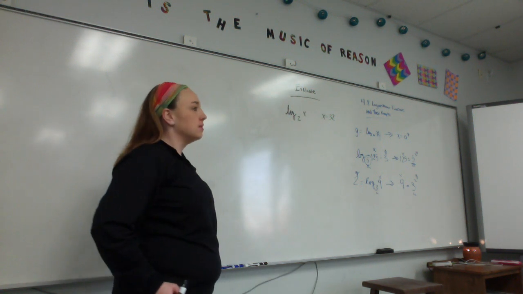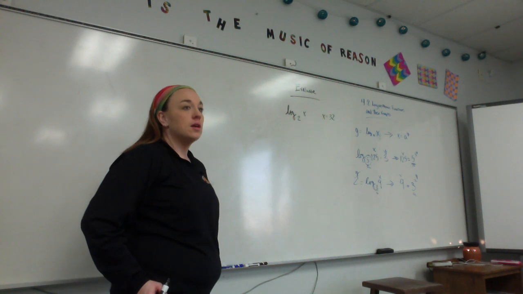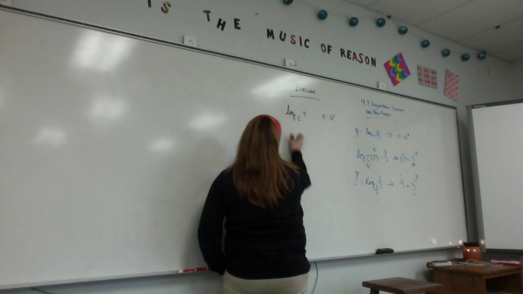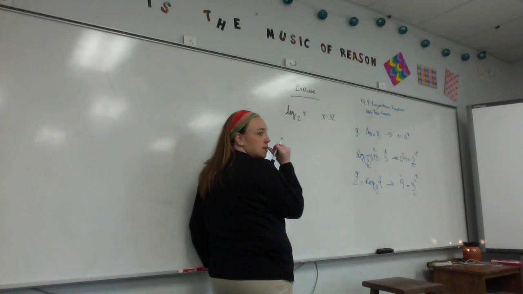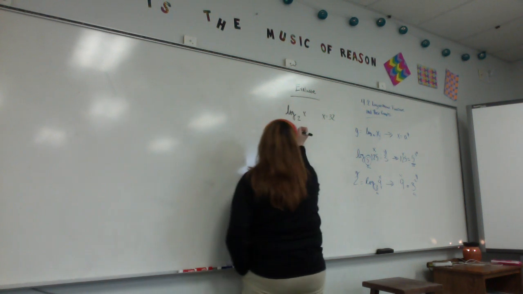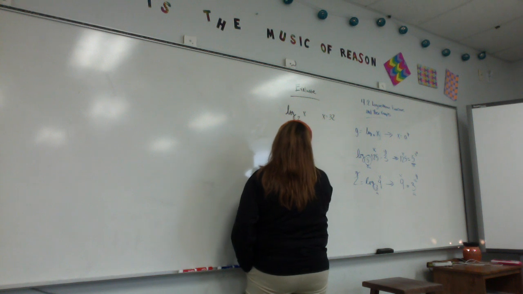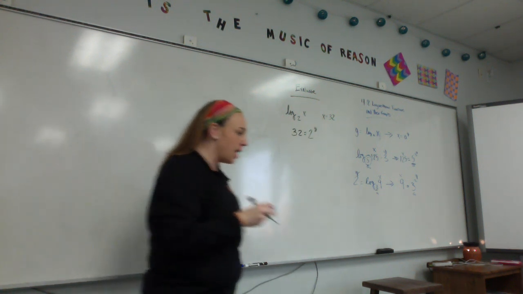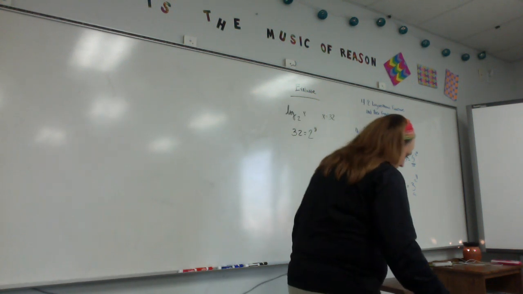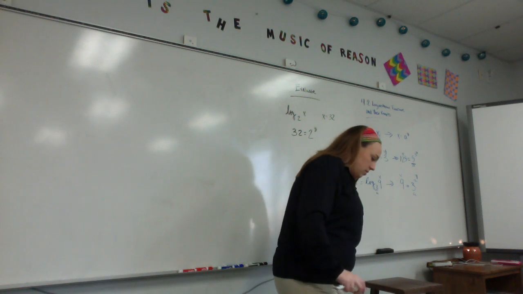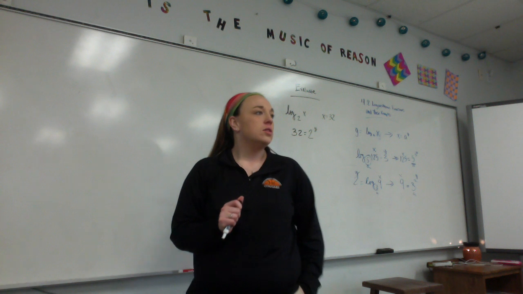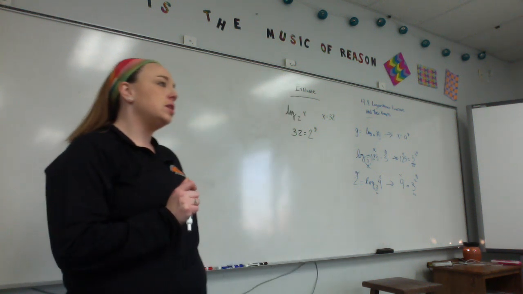I have my base. I'm missing my y. So if I rearrange this, what is my x in this case? 32. So I say 32 equals 2 to the y power. I'm trying to figure out what that y is. So it's 2 to what power equals 32?